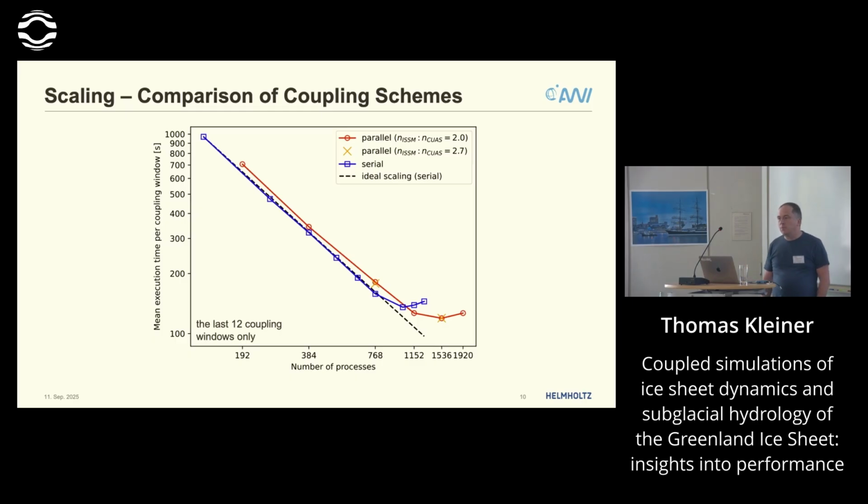Because ISSM is the more expensive partner in this coupling scheme, we had two times the MPI processes for ISSM than we had for CUAS. Where it no longer scales very well, we also assigned more processes to ISSM, but it did not help a lot, and it's also very questionable if it's worth putting more CPUs on a process that's no longer scaling well.